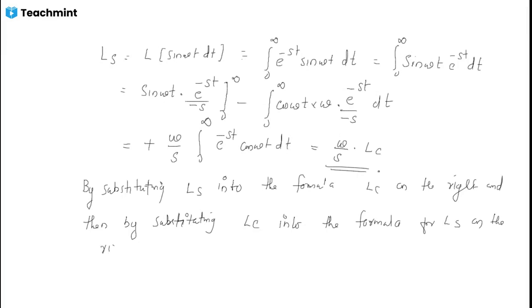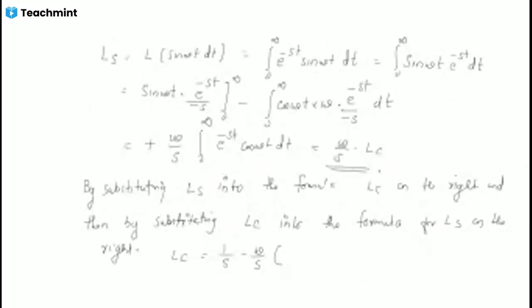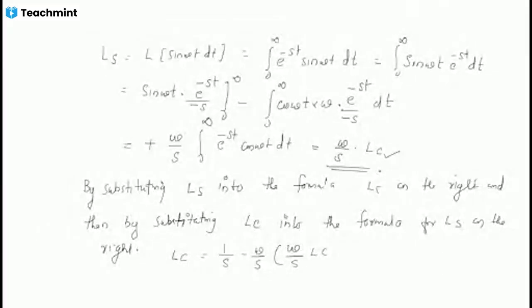That is, LC equals 1 by s minus omega by s into LS, and LS equals omega by s into LC.